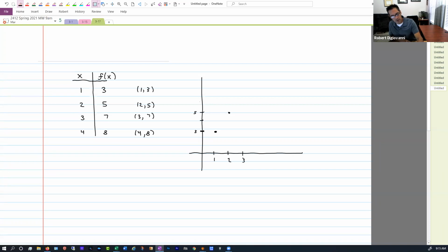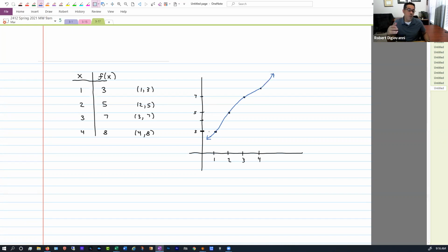And then 3, we're up at 7. And then 4, we're here at 8. Now I don't know exactly what this looks like. It doesn't have to be a straight line. So I'm just going to guess that it looks like this. That's kind of what my graph looks like.